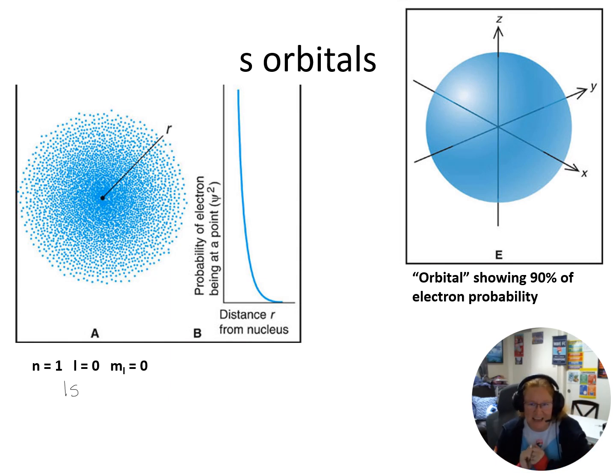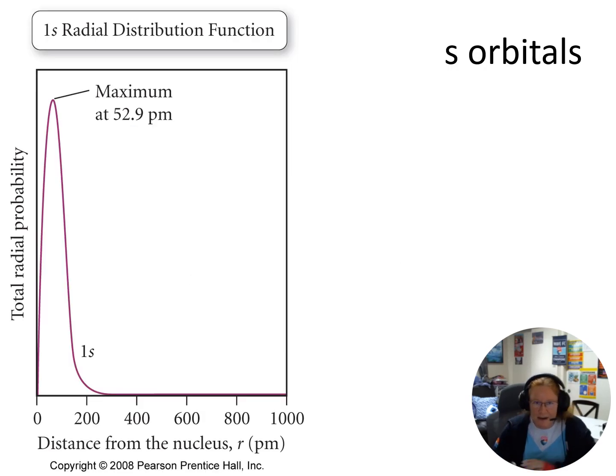The further we get from the nucleus, the probability of finding an electron drops. The shaded-in circle shows 90% probability of finding an electron in those spaces. Then we get this 1s radial distribution function, and that maximum is the distance from the nucleus where we are most likely to find an electron.